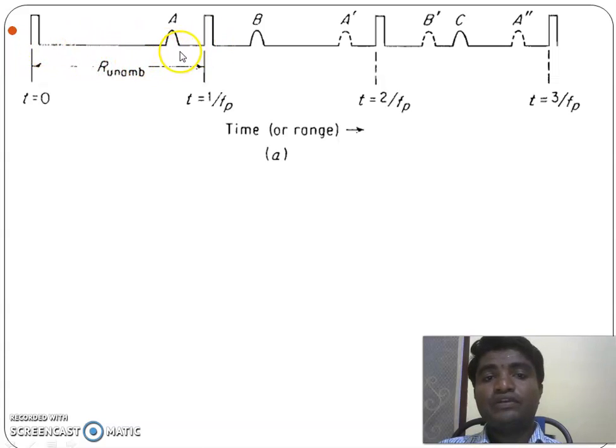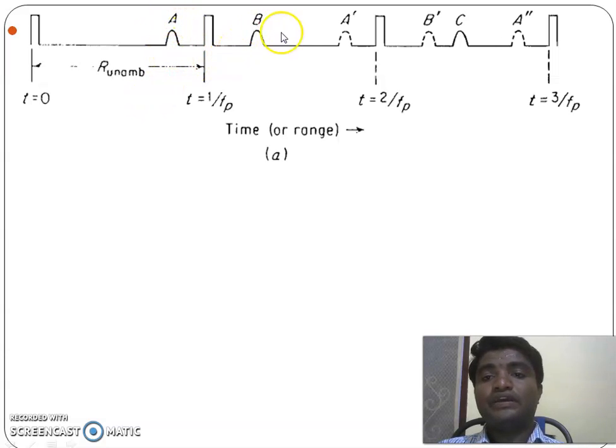In this gap only, all echoes have to come, but only target A's echo has arrived. That means target A is an unambiguous echo.